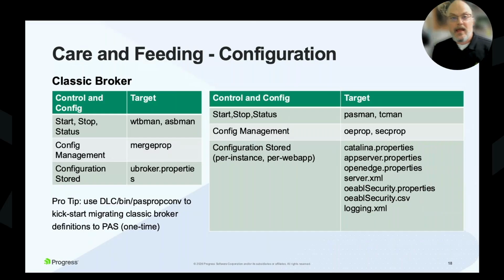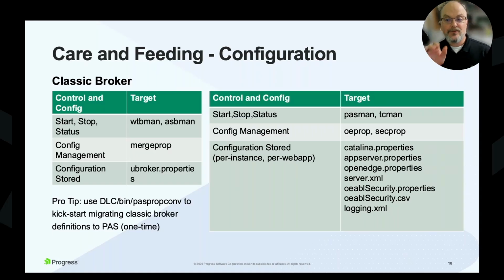As you move along and you're migrating to PaaS, you may already have some scripts, some internal maintenance routines, some other type of deployment strategies, and you might have scripted around, say, WTB-man to manage your web speed brokers, or ASB-man to manage your app server brokers. Well, in the PaaS world, those don't work anymore because we're not web speed and we're not app server.